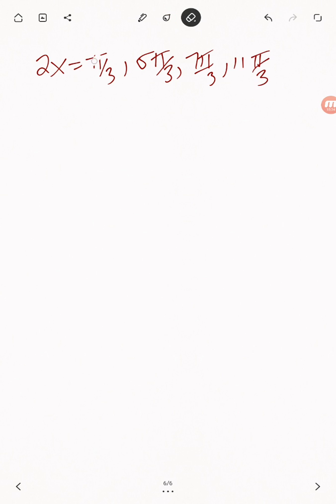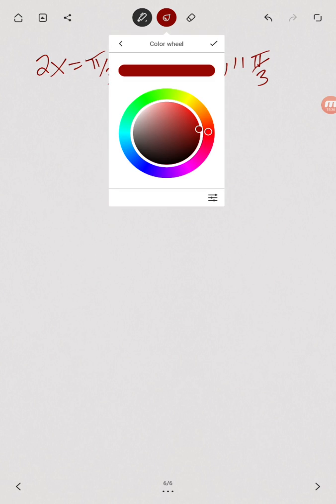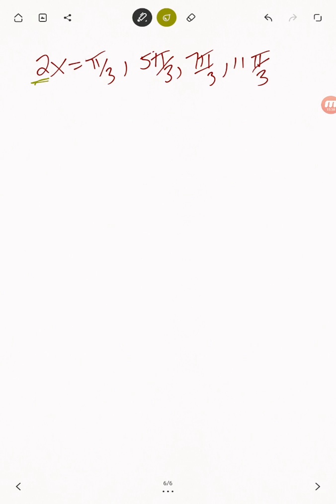Let me just fix these, they're kind of messy, sorry. But we don't want to know what 2x is, we want to know what x is, right?